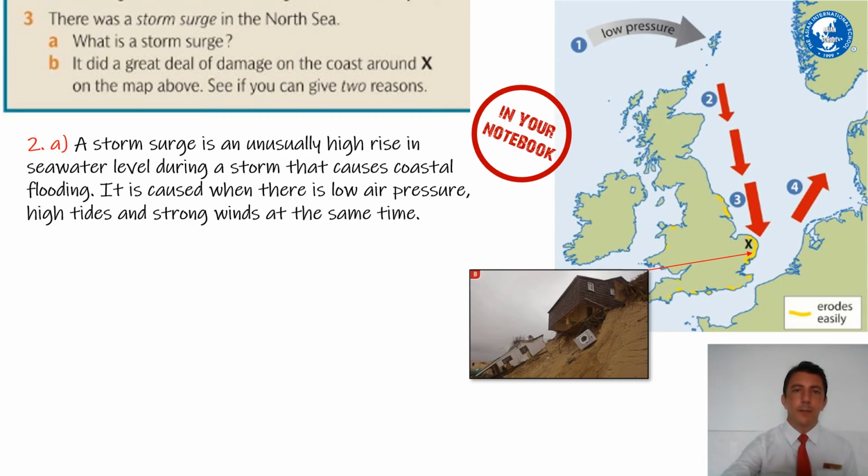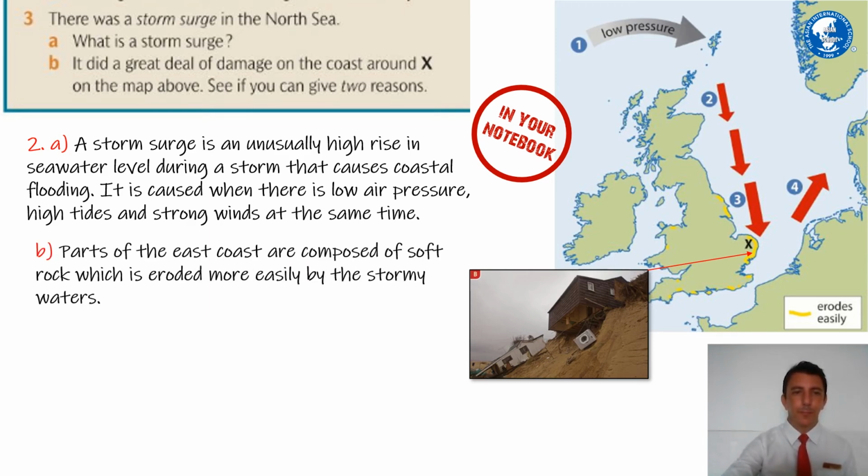So, it did a lot of damage around X. Give 2 reasons. I think I'm going to give you more than 2, but see if you have something similar. Parts of the east coast are composed of soft rock, which is eroded more easily by the stormy waters. So this soft rock gets eroded by these big waves, and unfortunately, some people's homes collapse down into the sea.